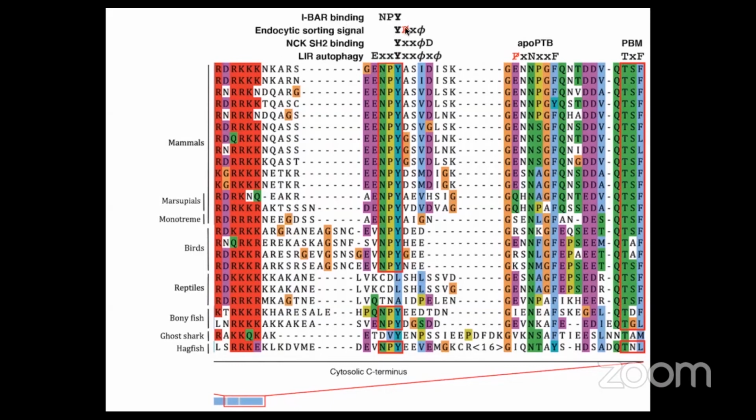The endocytic sorting signal is a very simple motif with mainly a Y and a hydrophobic, and it cannot be phosphorylated to bind. But we know already from literature that endocytic sorting signals can switch with SH2 motifs according to phosphorylation. And then the fourth motif is a motif that would dock with proteins that lead to the autophagy systems.